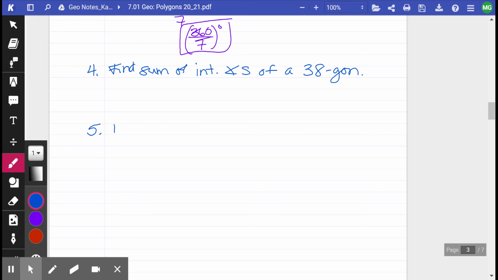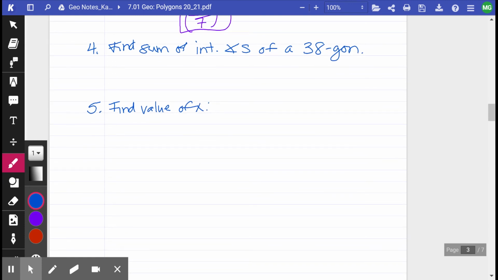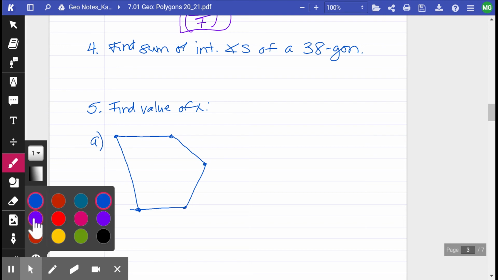Next, find the value of x. So these I'm going to need to draw out for you. You'll have to copy them down. So there's a couple. Let's do A. So these will not obviously be drawn to scale, but all of these lines we're assuming are straight lines, not curved.